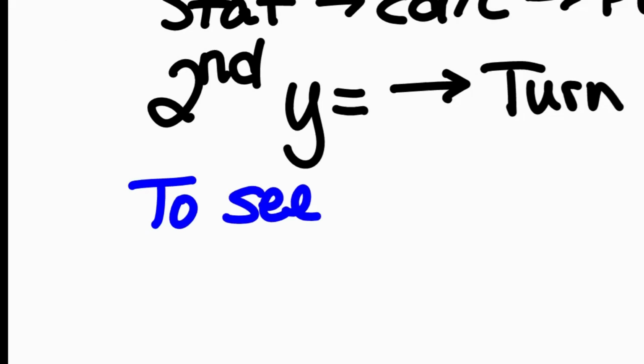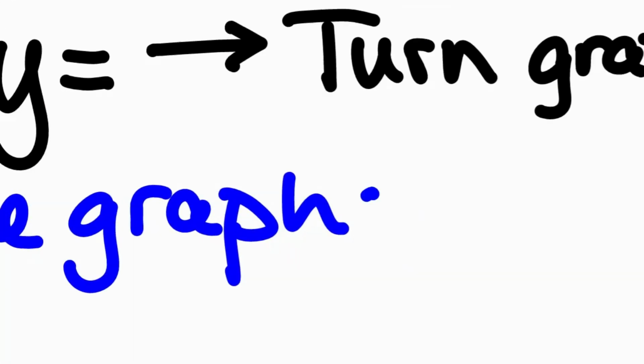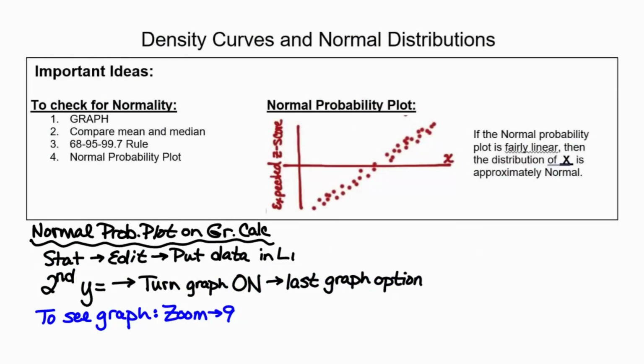And then to see the graph, zoom, and then option 9. That will give you your normal probability plot.